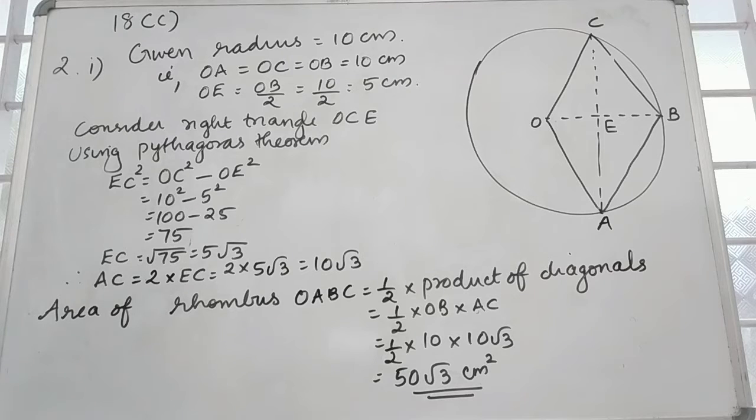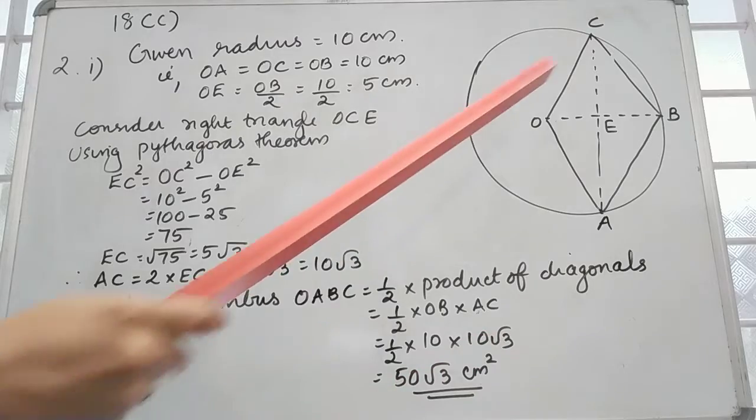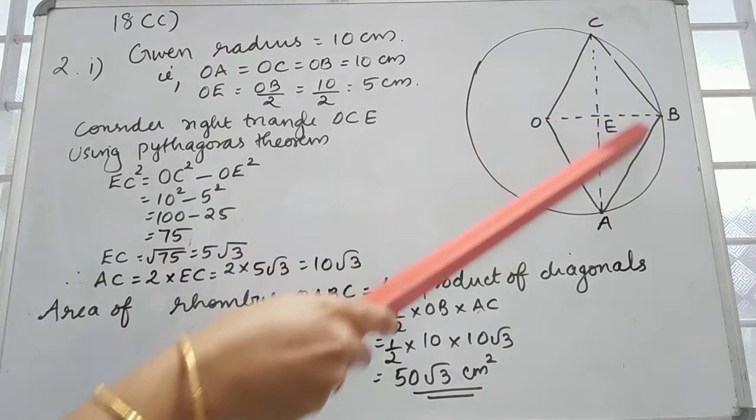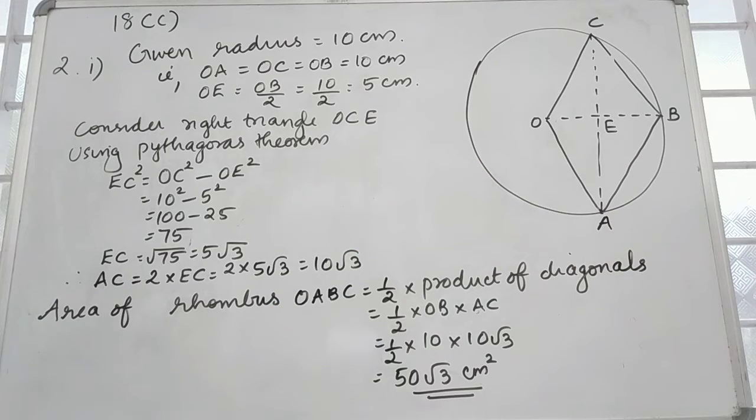Given OABC is a rhombus. So, before doing this problem, we want to know some properties of a rhombus. A rhombus is a parallelogram in which all the sides are equal. That is the first condition.